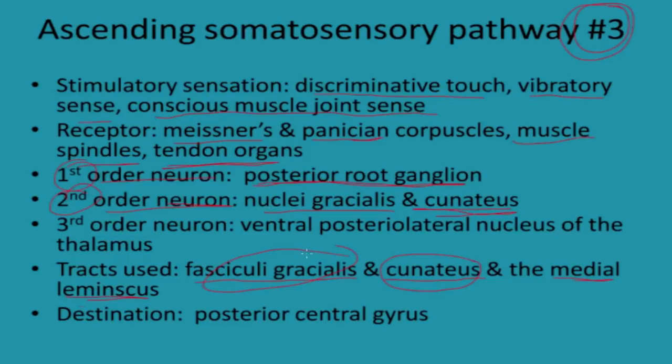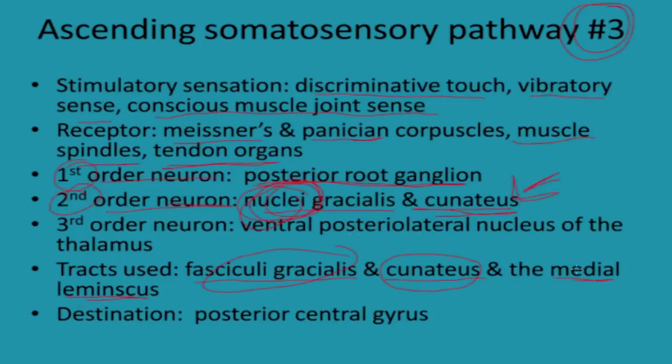And these tracts synapse on the second order neuron, the nuclei gracilis and cuneatus. They travel up the spinal cord into the medulla oblongata, and there they use the internal arcuate fibers and the cuneocerebellar tract.